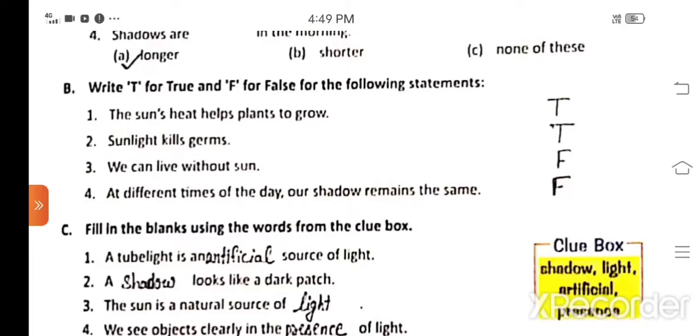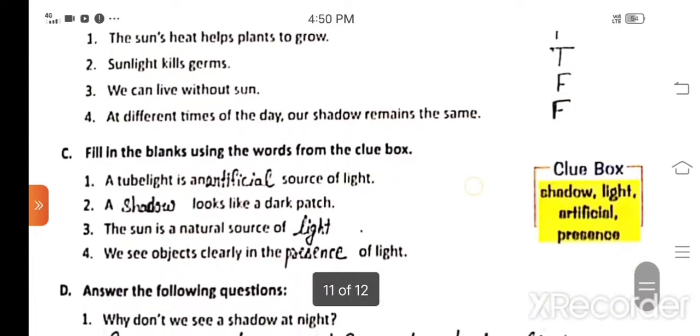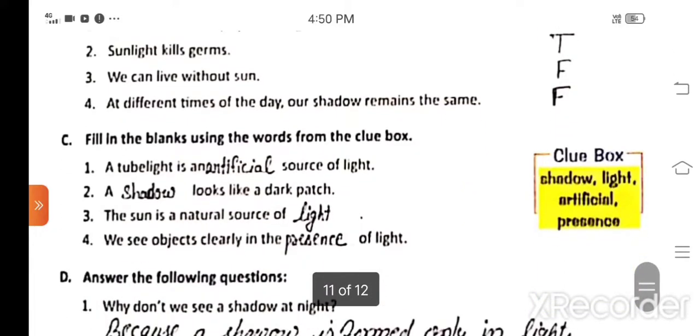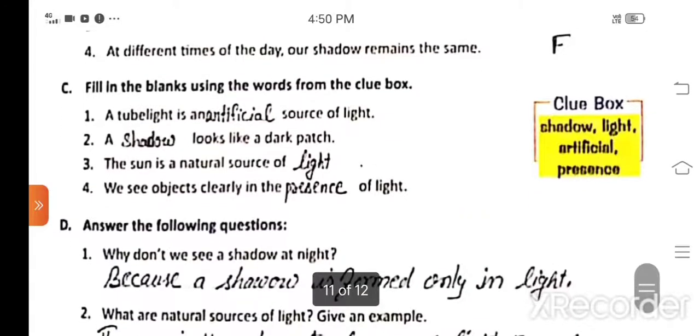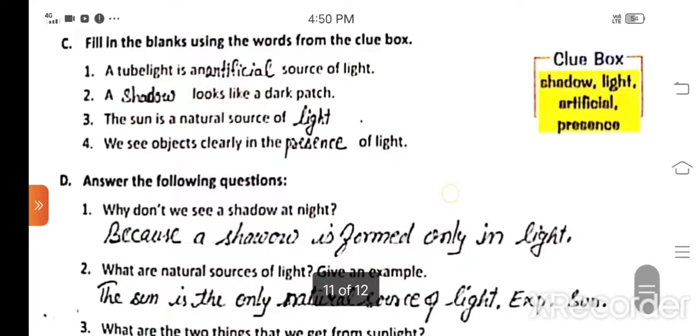If there would be no sun, then we would have to live only in darkness. So we cannot live without sun, and the sun is very useful to us. At different times of the day our shadow remains the same. No, at different times of the day, our shadow does not remain the same. Our shadow also changes according to the time of the day.